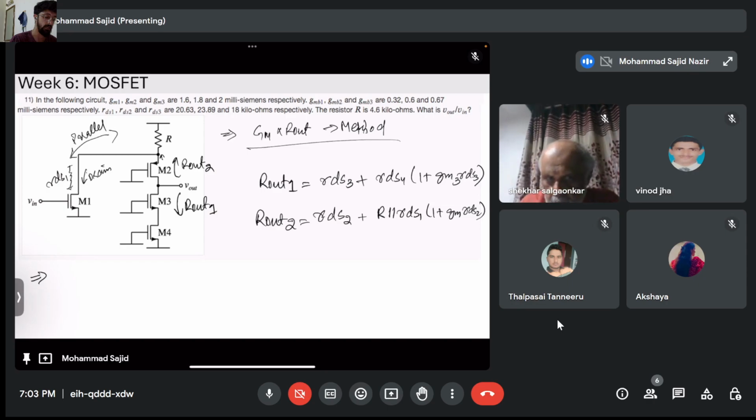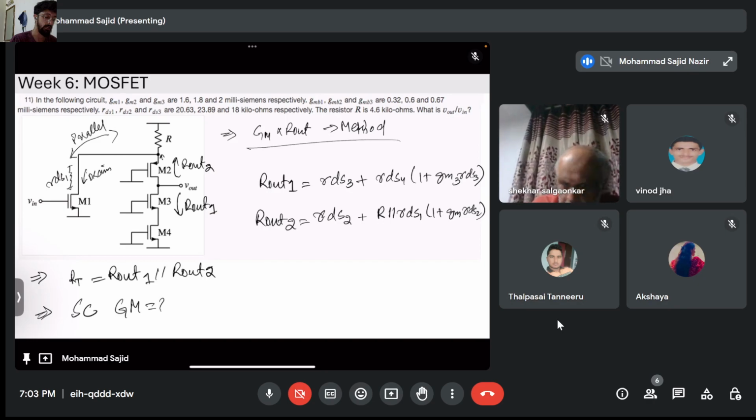So if this is okay, then what we need to do is calculate R total, that is R out 1 parallel to R out 2. Okay, next is short circuit GM.